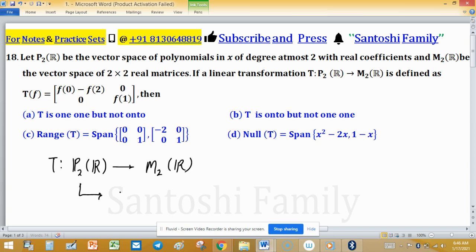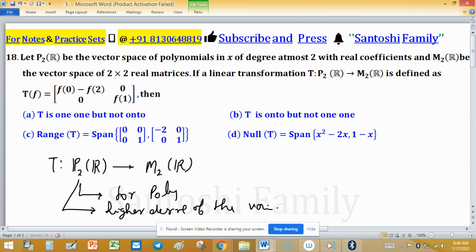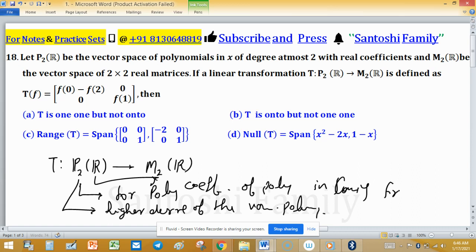P2R is for polynomial, P for polynomial, and the subscript tells you the degree, the highest degree of the polynomial, and R tells you where the coefficients of the polynomial come from.